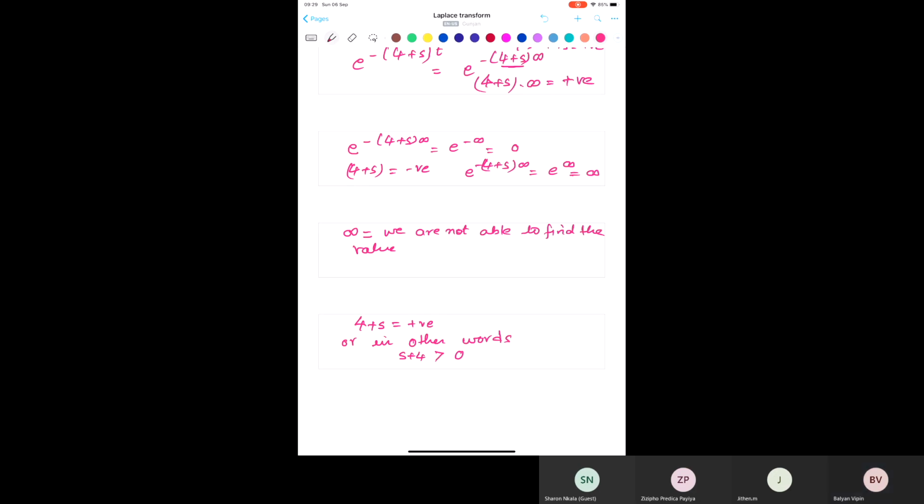So it means s should be greater than minus 4. So this is your region of convergence.